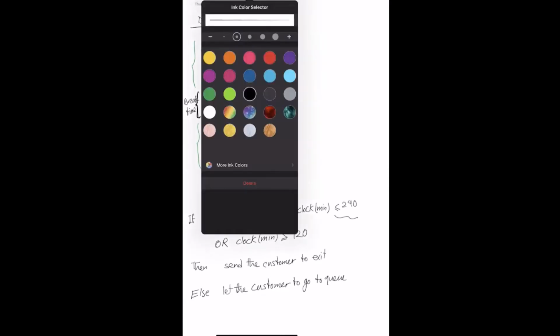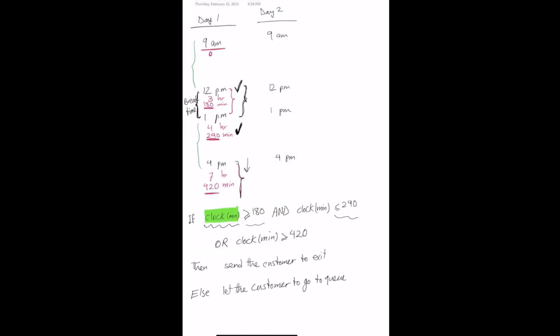Remember, we started the simulation at time 0. So after 24 hours of simulation time, we are at 9 a.m. the next day. At this point, I'm at hour 24, which in terms of minutes is 1440 minutes.